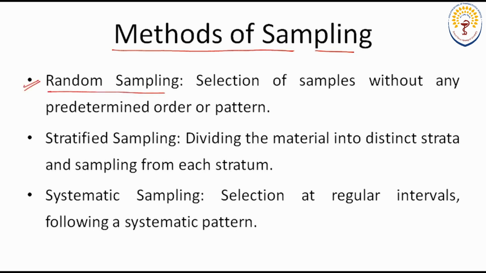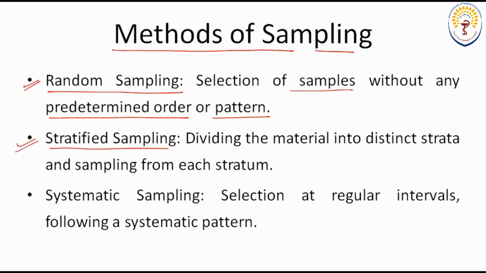Number one is random sampling. Random sampling means you are just taking the sample from any part. There is no predetermined order, there is no pattern. You are just randomly taking that sample from the main matrix.